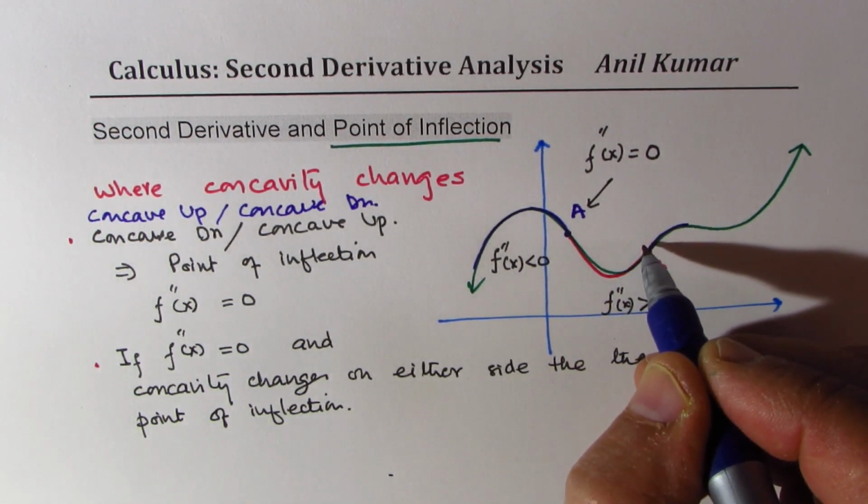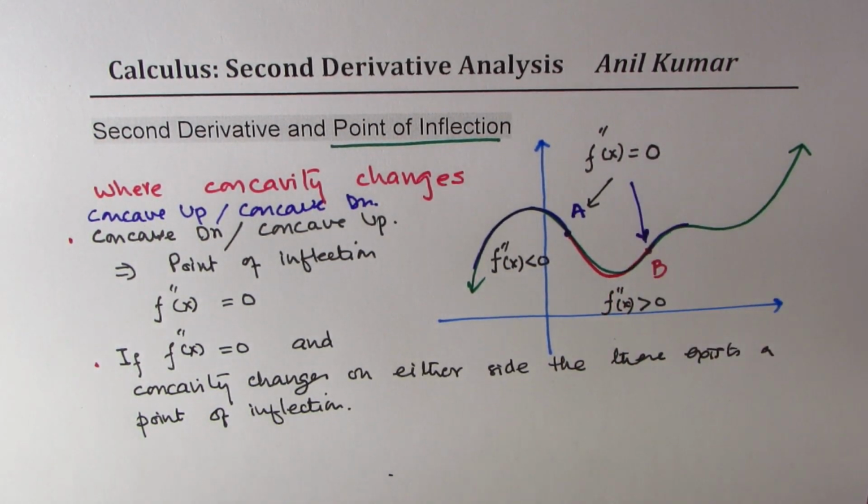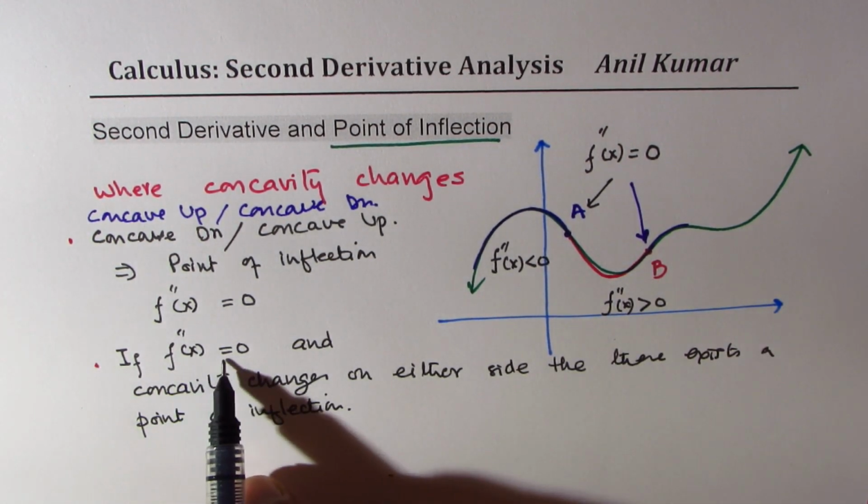At this point also, the second derivative is 0 and concavity is changing. Since the concavity is changing on either side of a point, we call this a point of inflection. Correct? That point represents a point of inflection, and at this point the second derivative should be 0.